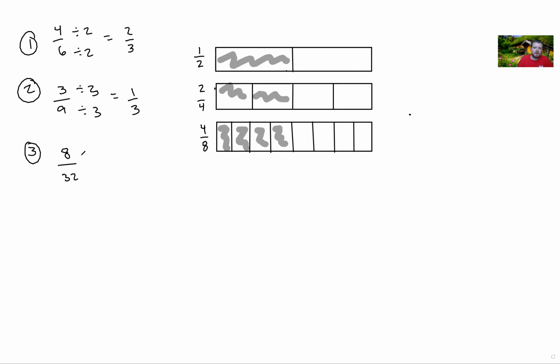So I know I can divide by 2, right? Divide by 2, that would give me 4/16. But then I might notice again, hey, these are still even. So I could again divide by 2, which would give me 2/8. And once more, I would see, hey, these are still both even, so I could divide by 2 again to get 1/4, and that would be my simplified fraction.